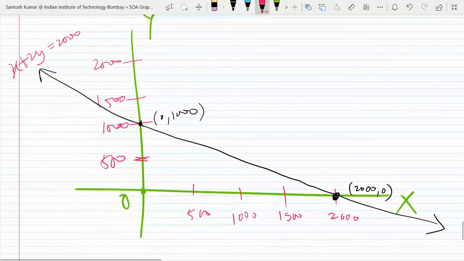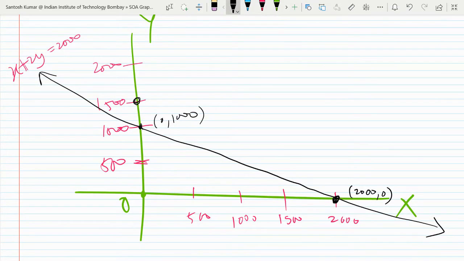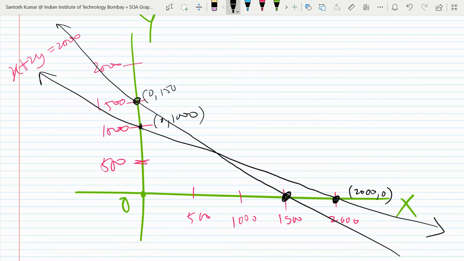Then x plus y is 1500: on both sides you select 1500, this point and this point, and join using the scale. This point is (0, 1500) and this point is (1500, 0).